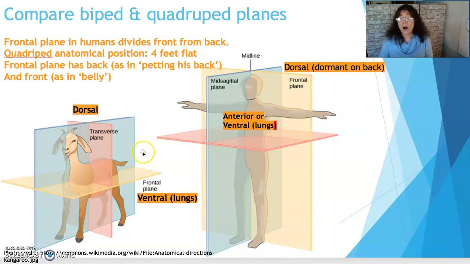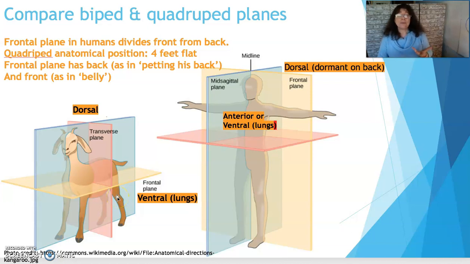So let's take our frontal plane that is vertical in a human and divides ventral sections from dorsal back sections, and let's look at a quadruped, and their back is here, their dorsal side is here, and their lungs or ventral side is down here.